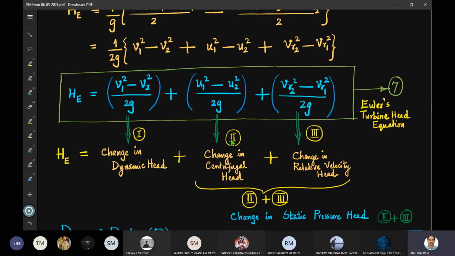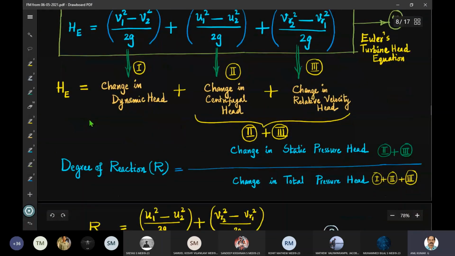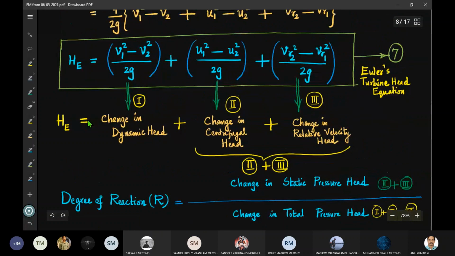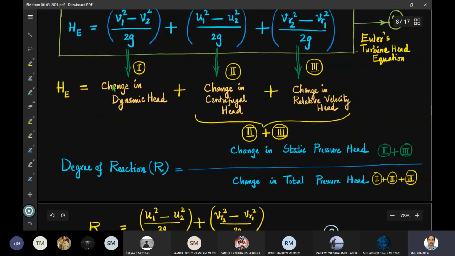And this time the total Euler's head developed in the case of power producing turbo machineries is the change in dynamic head plus change in centrifugal head plus change in relative velocity head, or you can say change in dynamic head, that is 1, plus the sum of 2 and 3 together, that is change in static pressure head. So total head HE is a change in dynamic head plus change in static pressure head.